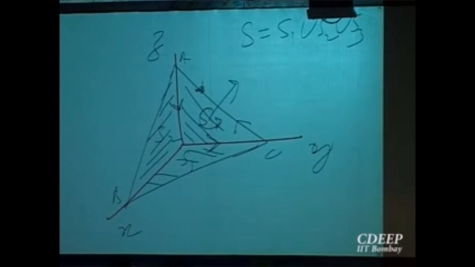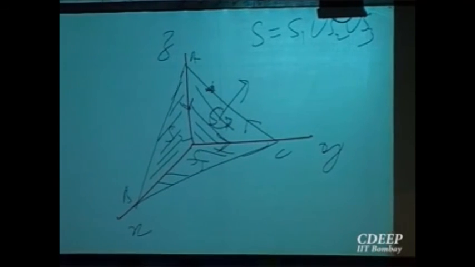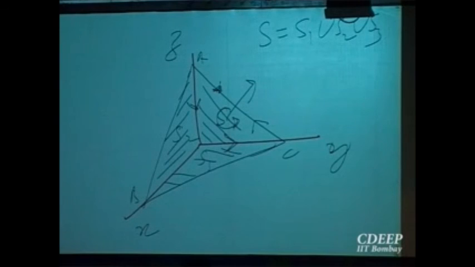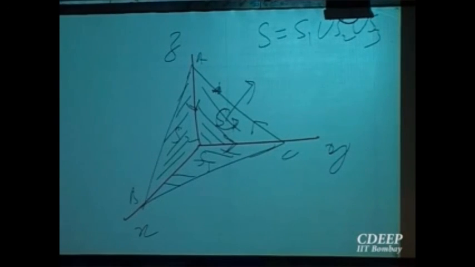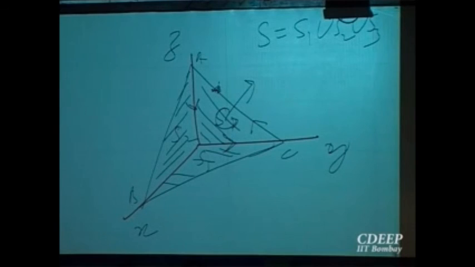Now for S2, which one should you be giving? Because after all your surface is S1 union S2 union S3, when you want to compute the integral of F dot n over this combined surface, these two should be cancelling out because there is a common boundary. So your orientation for this part should be going like this. Then only they will cancel out.